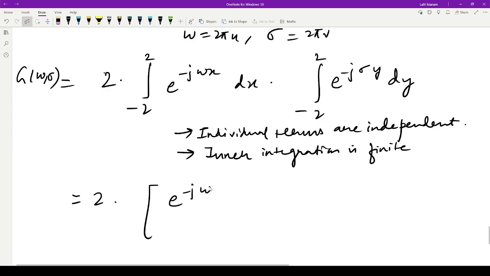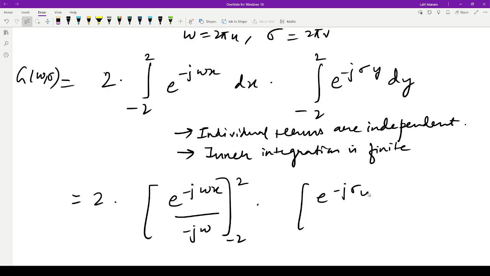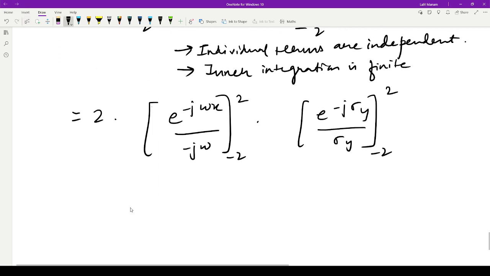e to the power minus j omega x upon minus j omega, between minus 2 to 2. This is again the same with sigma, where y varies between minus 2 to 2. So this part is fine, right? How do we write it?